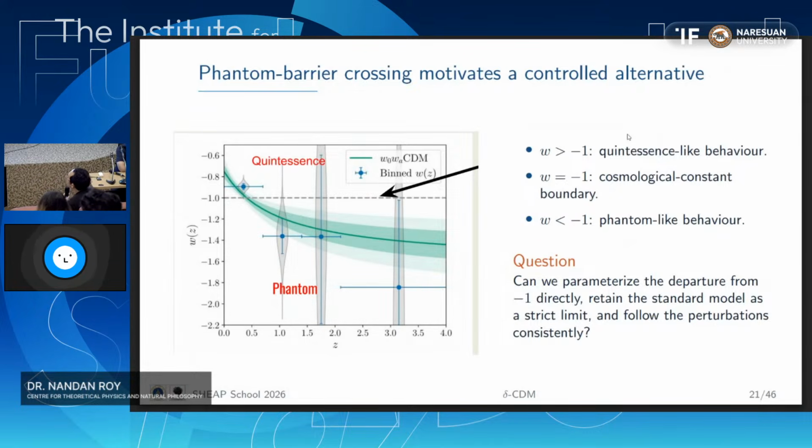If you consider this one, it is showing the acceleration is slowing down, which the DESI data is suggesting, because it is in the quintessence level. The more you go phantom, the universe is expanding faster and faster.